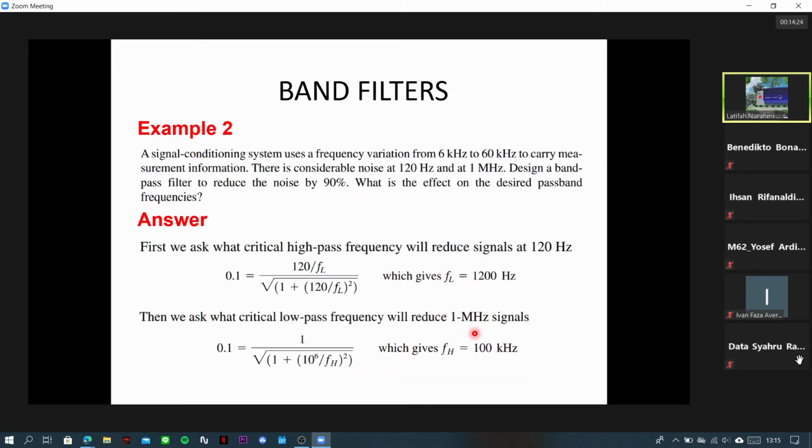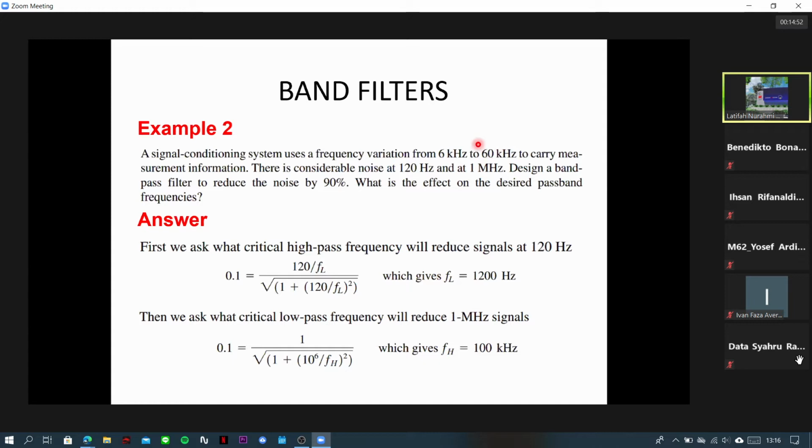Let's see an example. Example number 2. A signal conditioning system uses the frequency variation from, okay, now we have a variation. So you can understand that this is a passband filter because the frequency is in a range. It has a range from 6 kilohertz to 60 kilohertz.